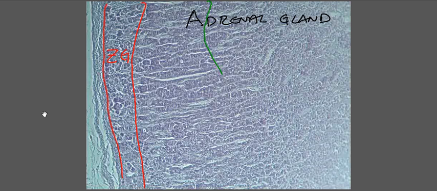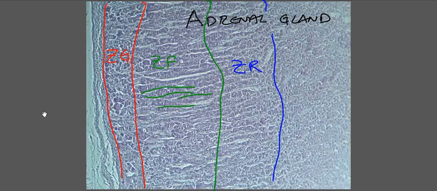Here the cells are more elongated, they're arranged in more elongated rows, right? What is that? Fasciculata, right? Just gonna put ZF. And then here you got another one, out of here. So I'm gonna put ZR. Alright. So that's the only thing that I really can ask you if I show you the slide, right?